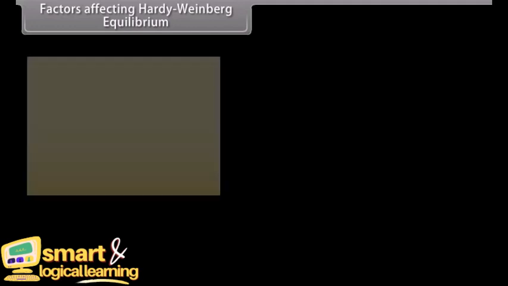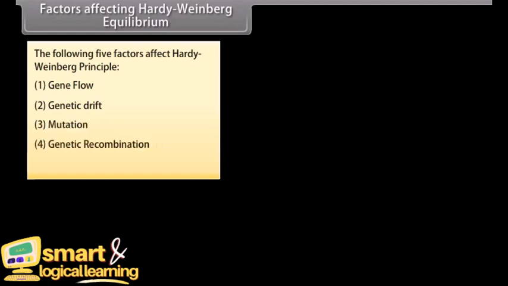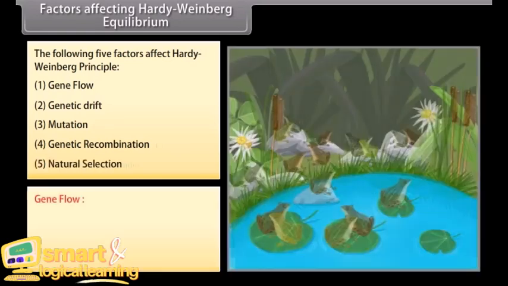Factors affecting Hardy-Weinberg equilibrium. The following 5 factors affect the Hardy-Weinberg principle. Number 1. Gene flow. Number 2. Genetic drift. Number 3. Mutation. Number 4. Genetic recombination. Number 5. Natural selection. Gene flow.